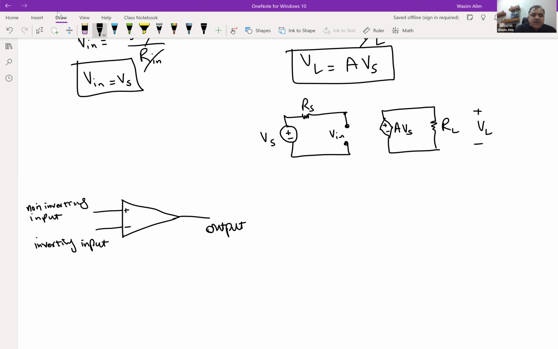There are other ports which are typically not shown on the schematic, where you will connect the voltage source that is providing voltage to this device, right?